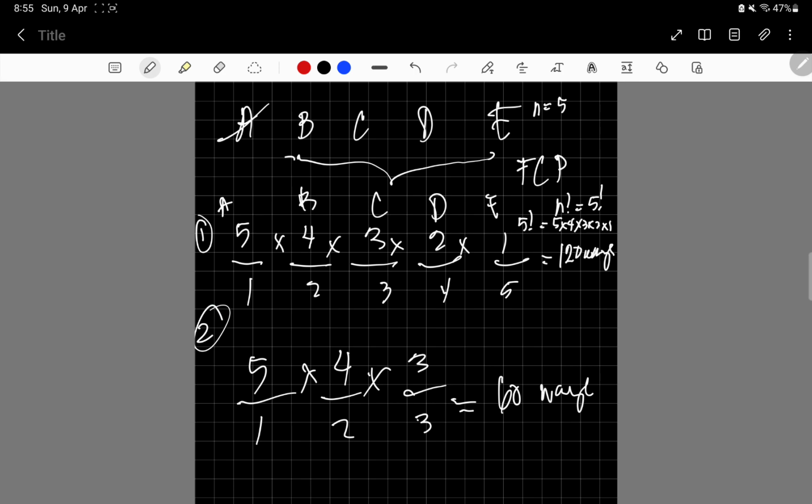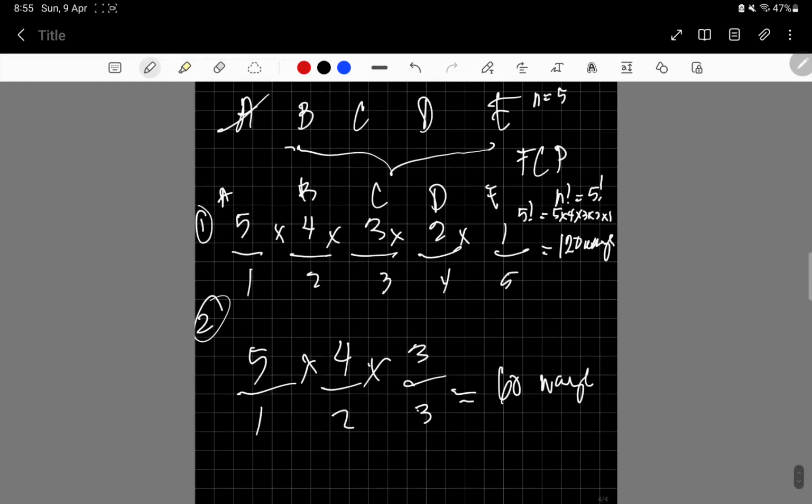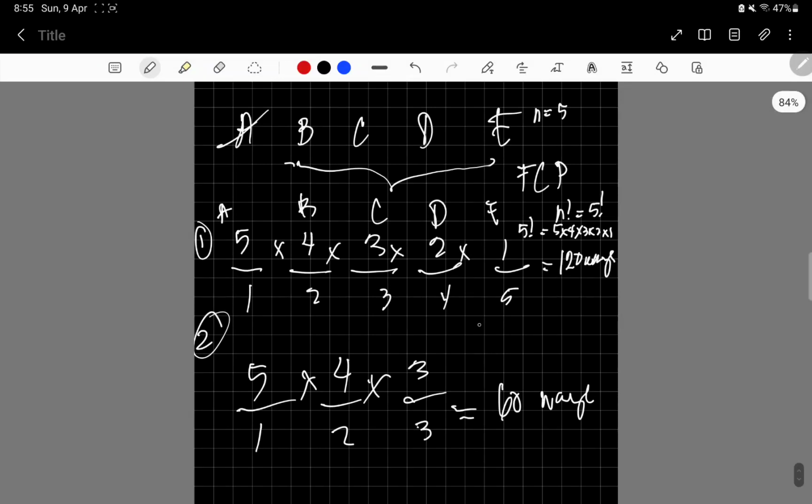Sa scenario number 2, ganun din naman, kinuha din natin yung n factorial. Pero ang kinaibahan, hindi natin siya tinuloy sa 2 and 1. Kumbaga, tinanggal natin si 2 and 1.